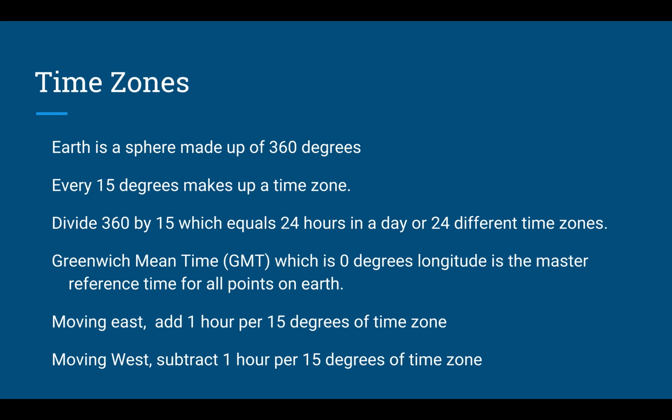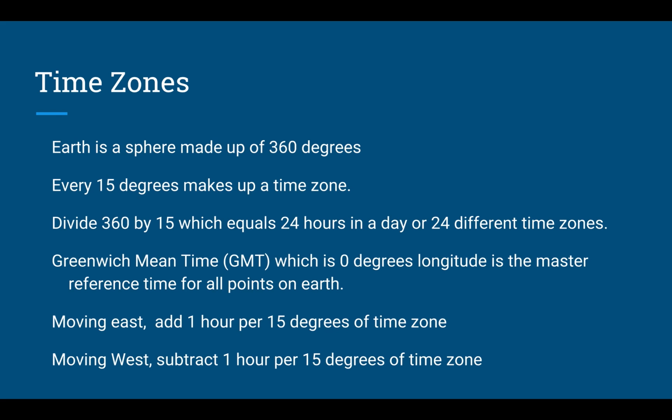Now, every 15 degrees makes up one time zone. So I have to do a little bit of math here, and that's okay because I'm going to do this for you. I just need you to really pay attention so you understand this. You are going to take the total number of degrees of a sphere or a circle, which is 360. You're going to divide 360 by 15 because that is the number of degrees per time zone.